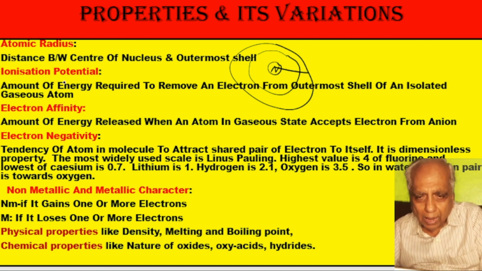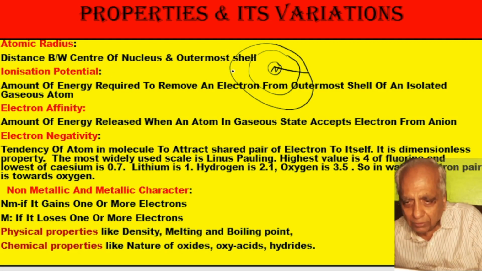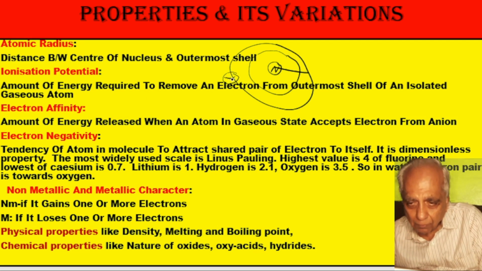Now, what is ionization potential? This is a very important term. For this term we have to take an electron in the outermost orbit. This is the outermost orbit, and there is one electron here. Electrons are negatively charged, so the electron is rotating in this orbit. Now this is an atom of a gas, a gaseous atom.